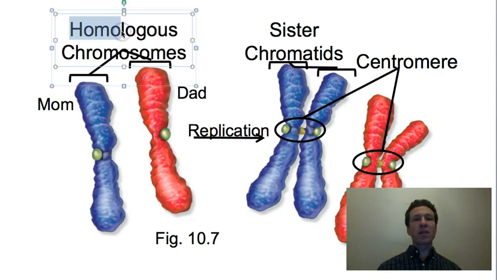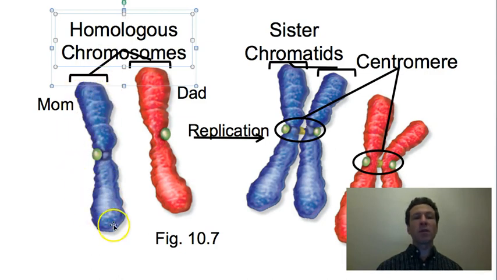Now, there might be variation in exactly the copy of the gene each one of them has, but at least it's the same set of genes. Maybe mom has a gene for blue eyes and dad has a gene for brown eyes, but at least they're both eye color genes. So the prefix homo means same, and so homologous chromosomes are the paired chromosomes that each have the same sets of genes on them.